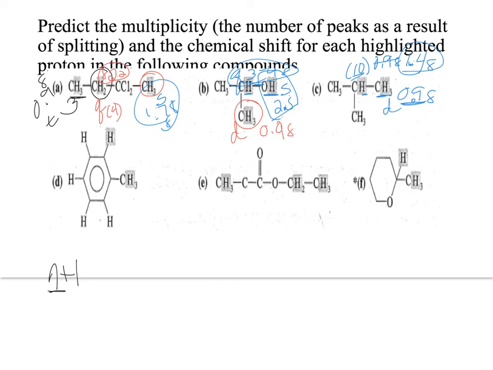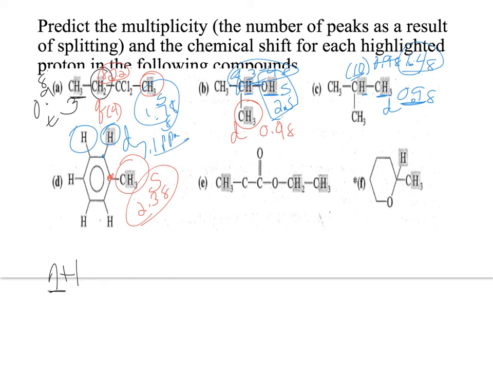Okay, coming down to here, we have this methyl coming off the aromatic ring, so that carbon there doesn't have any hydrogen, so that's going to be a singlet, and it's going to be about 2.3 chemical shift because it's benzylic. And this hydrogen here, its neighbor has 1, so that's going to be a doublet, and it's going to be about 7.1 ppm or 7.2.